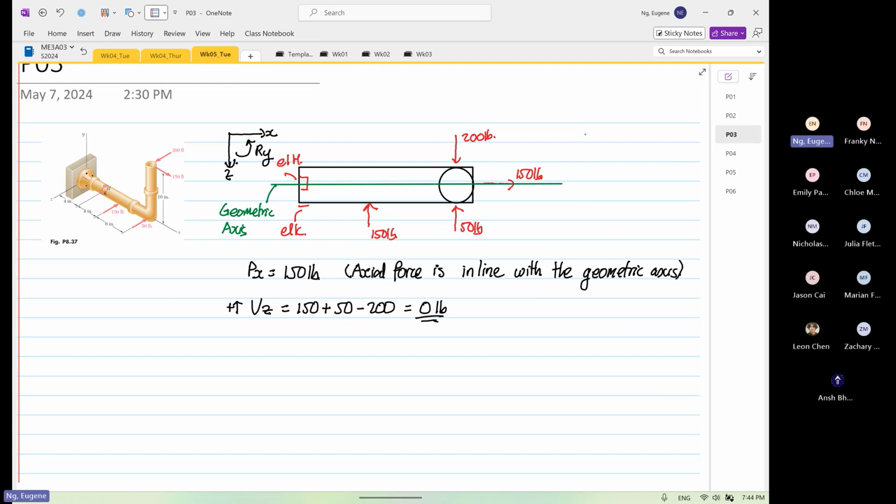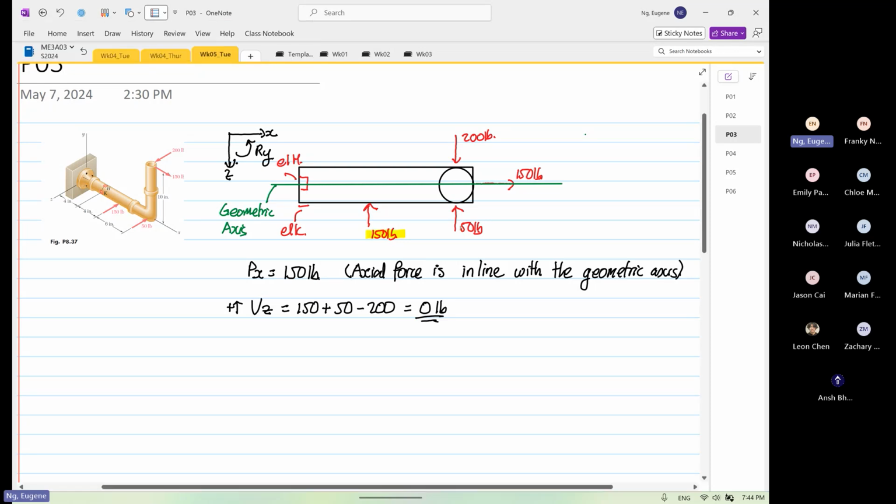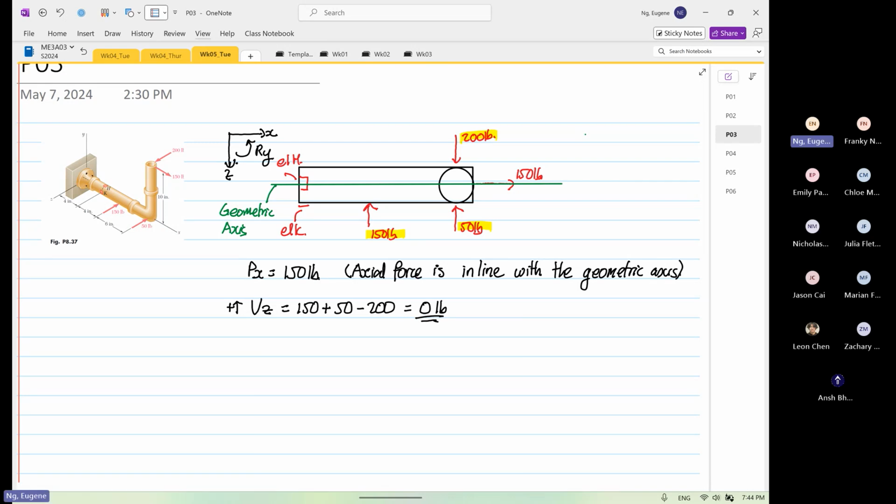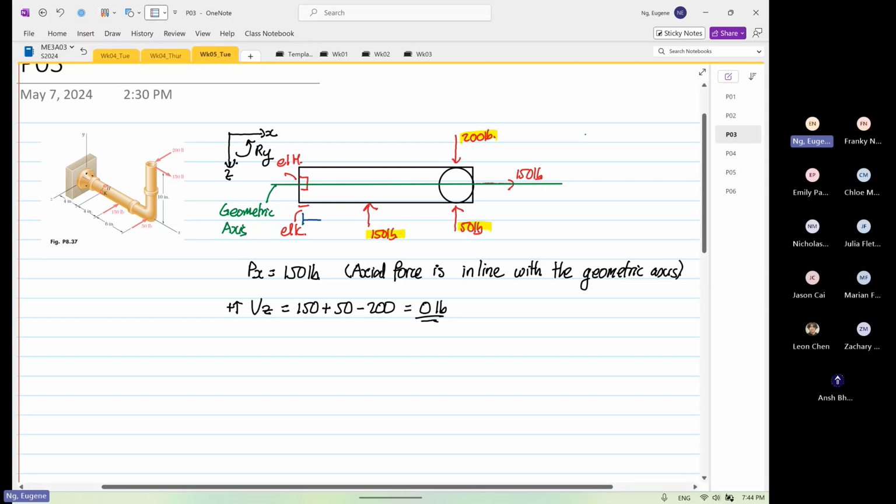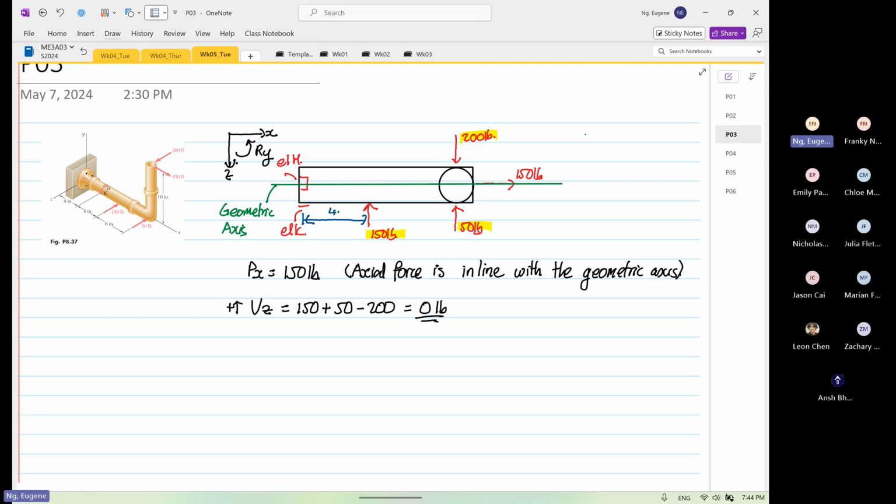Then the next one that we're going to do, right? All these forces. What do you mean by all these forces? The 150, the 50, and the 200 are applied perpendicular to the what? Geometric axis, right? So we know there is a perpendicular distance. There's a distance from here to here, and this is equal to 4 inch.